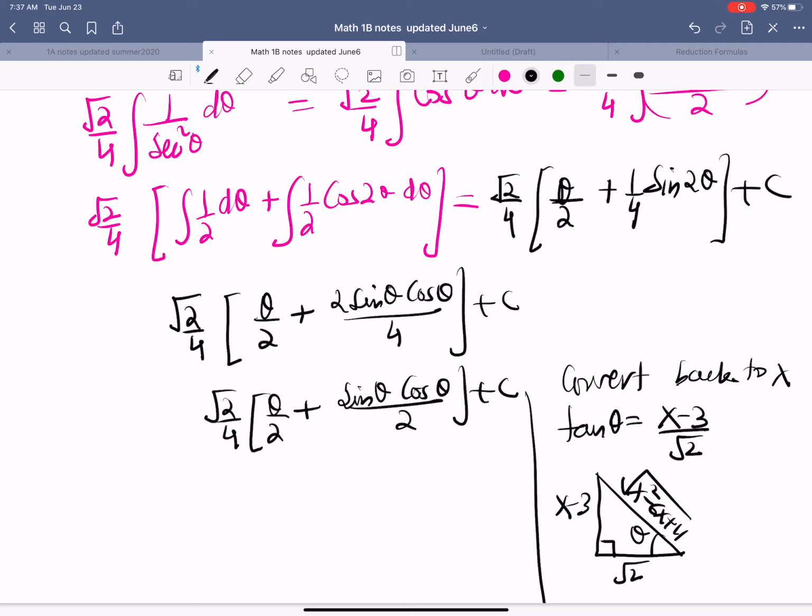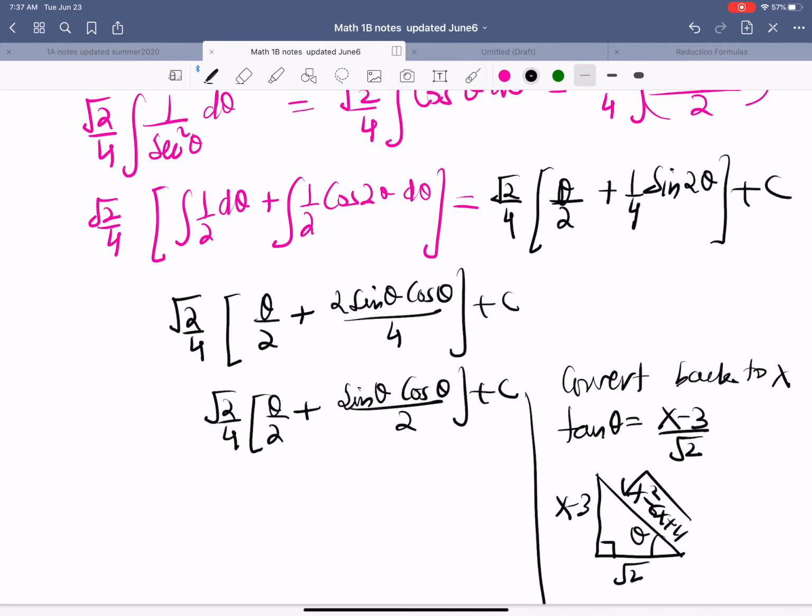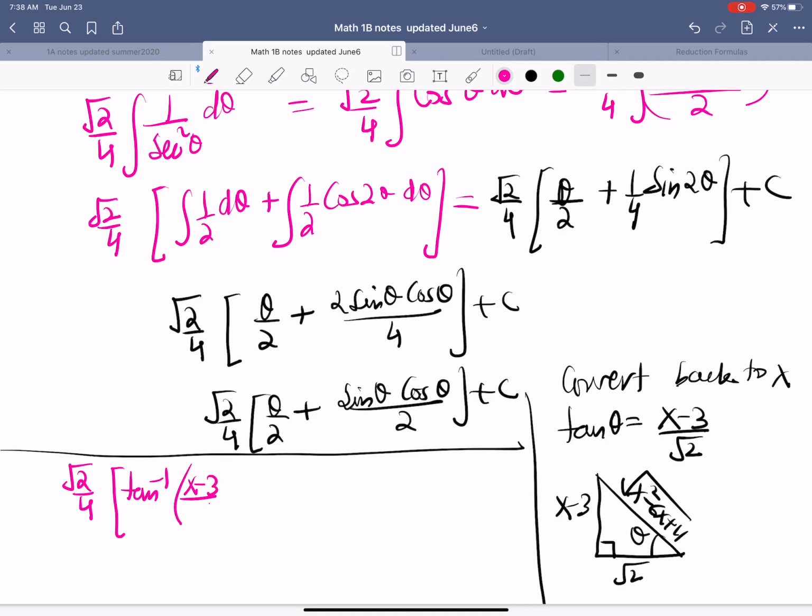So now, what are we left with? We are going to go back to the x's. So our final integral, I'm going to go back to x's, and I'm not going to bother about distributing the square root 2 over 4, but you can if you want to. What is theta going to equal? Theta will be tangent inverse x minus 3 over root 2.